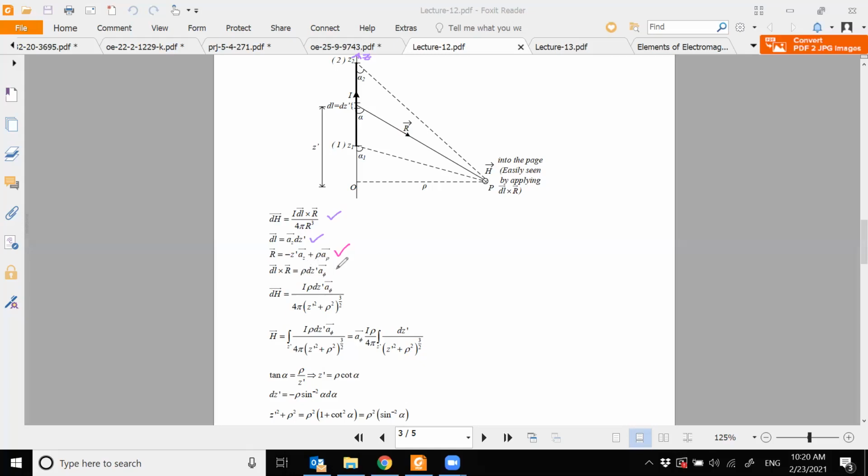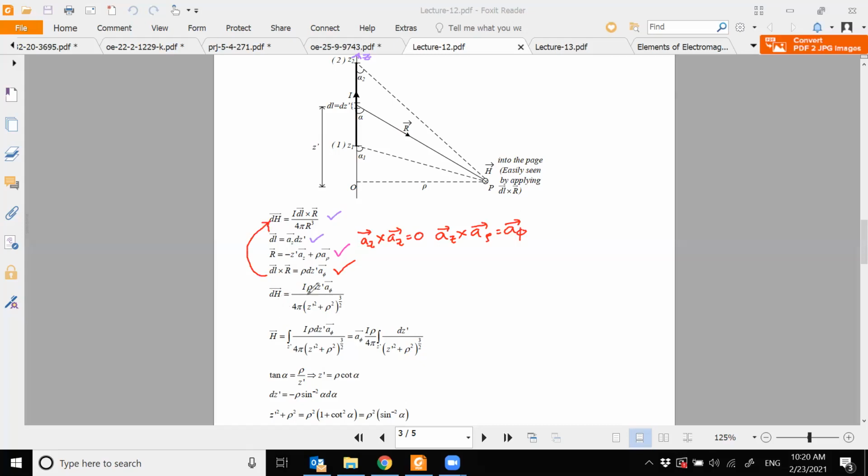Got it? So we got dL cross R by just cross producting the dL vector and the R vector. You should remember these vector calculus identities: this is 0 and az cross a rho is a phi.